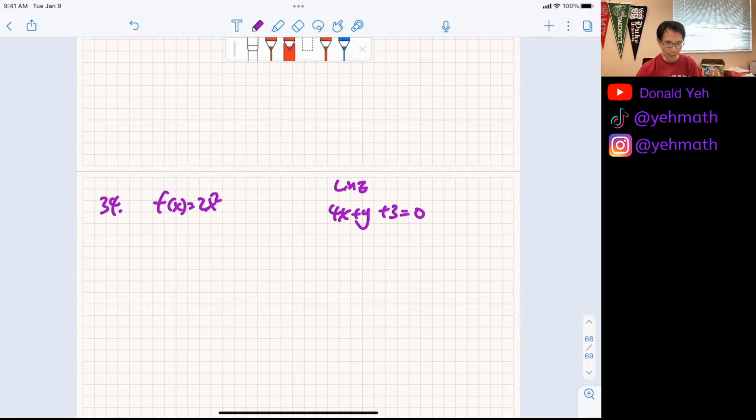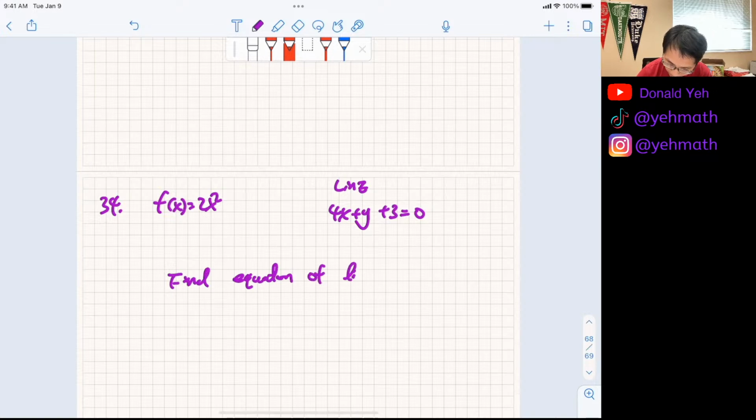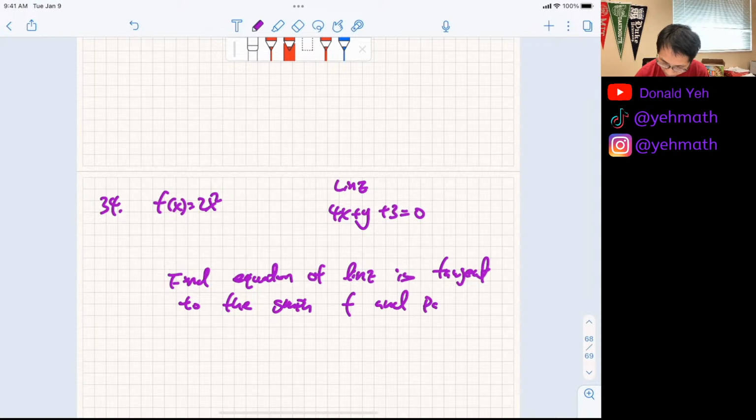And the prompt says find the equation of a line that is tangent to the graph of f and parallel to the given line.